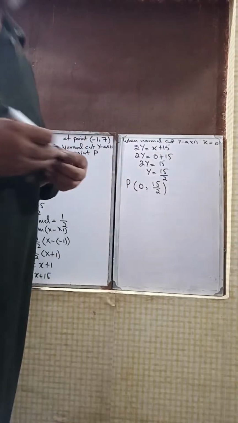So the coordinates of the point P will be (0, 15/2), which means (0, 7.5). Okay, (0, 7.5). Let me check that. The answer to question number 5 is (0, 7.5). So our answer to question number 5 is correct.